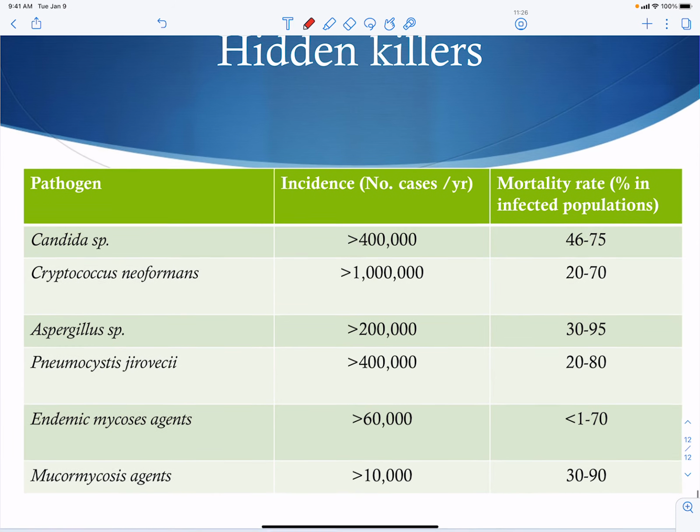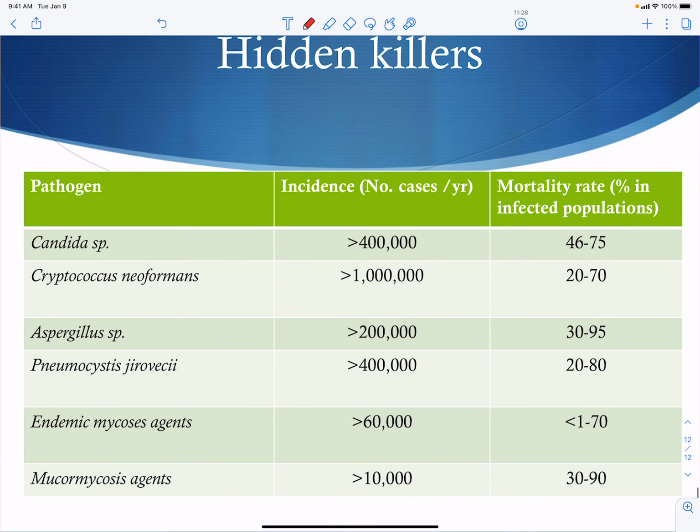One of the main important things to take away from this introduction is that we have fungus everywhere. We know that. Many of us associate fungi with irritation, such as allergic responses, but they are really hidden killers.